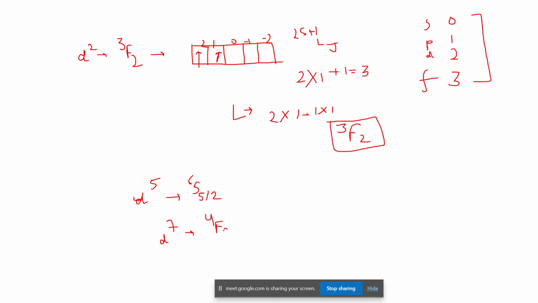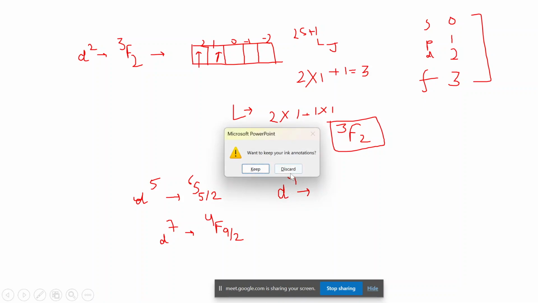d9. Just tell me for d9 and d6. For d9 it is 2D 5/2. Correct, it's 2D 5/2.